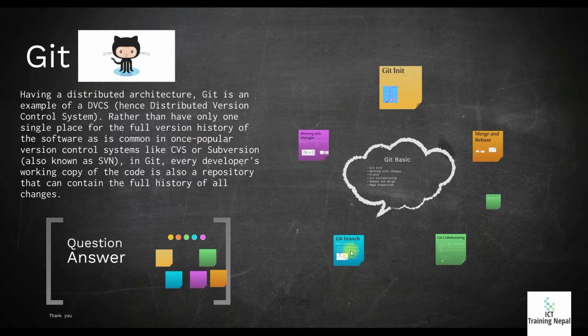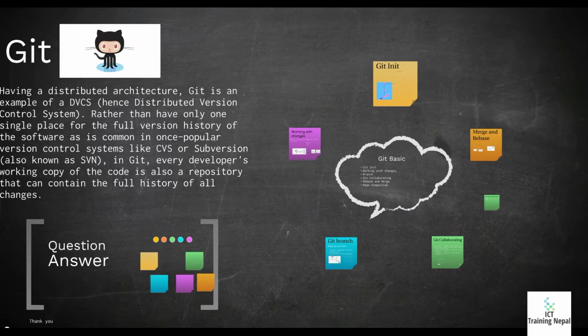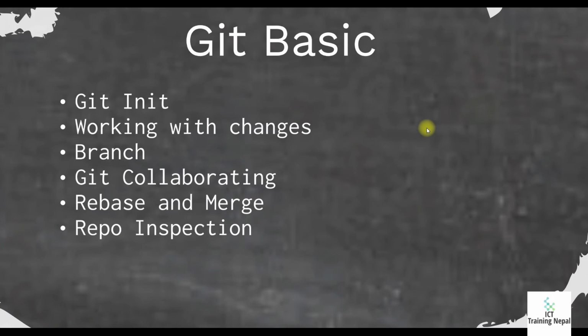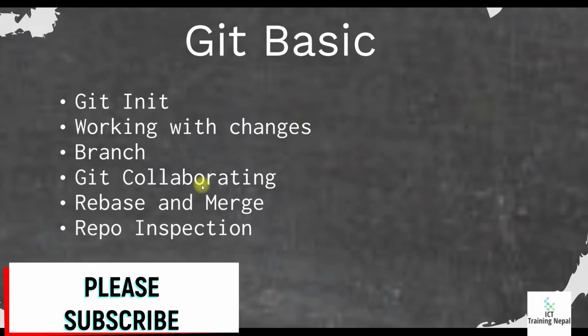Let's talk about the basic commands in Git. First is Git init, the second is working with changes, the third is branches, the fourth is collaborating, and then rebase and merge, and repo inspection.